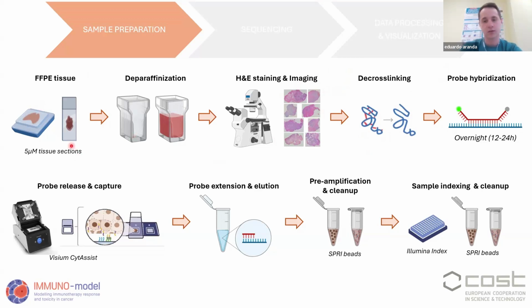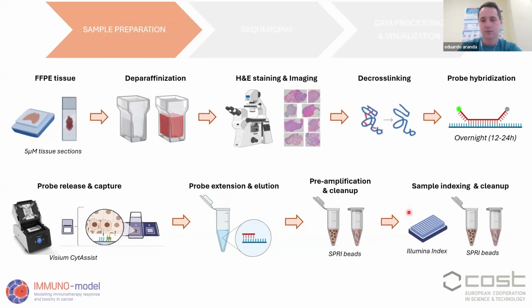And the second day, the following day, starts with the washing and probe ligation, and later we introduce the Visium slides in the CytAssist. And here the probes are released to the Visium slides. After that, the libraries are extended, eluted, and purified using magnetic beads.